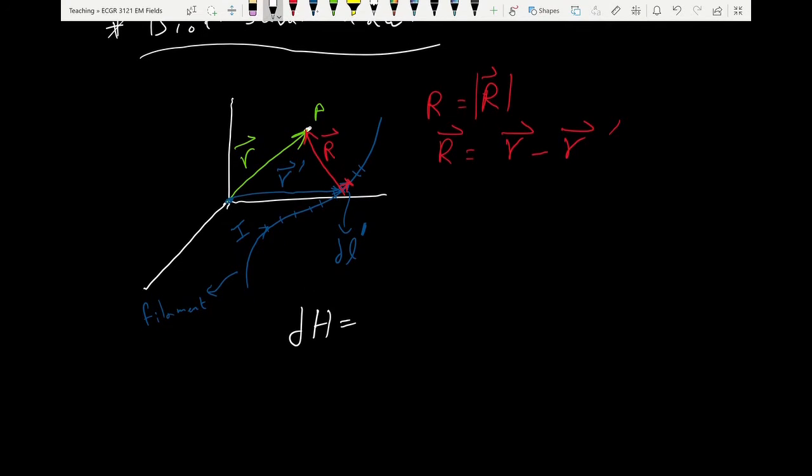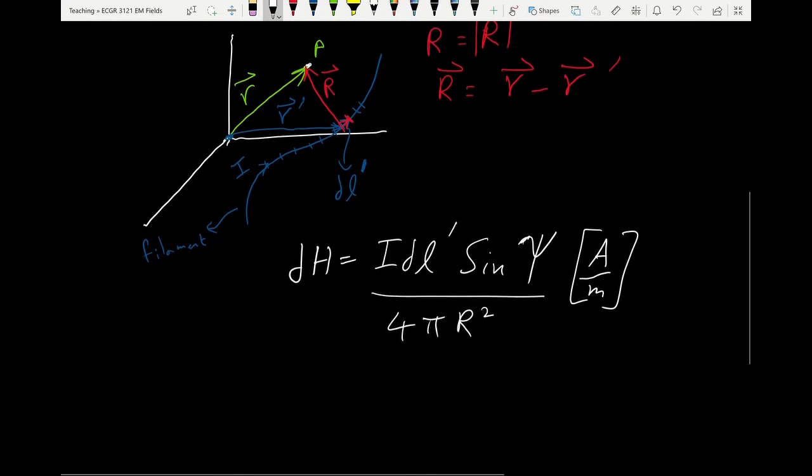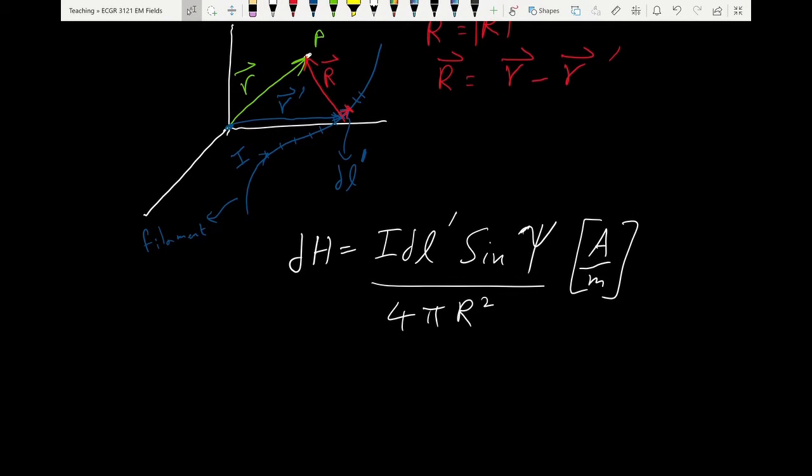This is going to be I, the current, times dl prime times sine lambda over 4 pi r squared, in amps per meter. That's the unit of the magnetostatic field intensity, the magnetic field intensity, right?